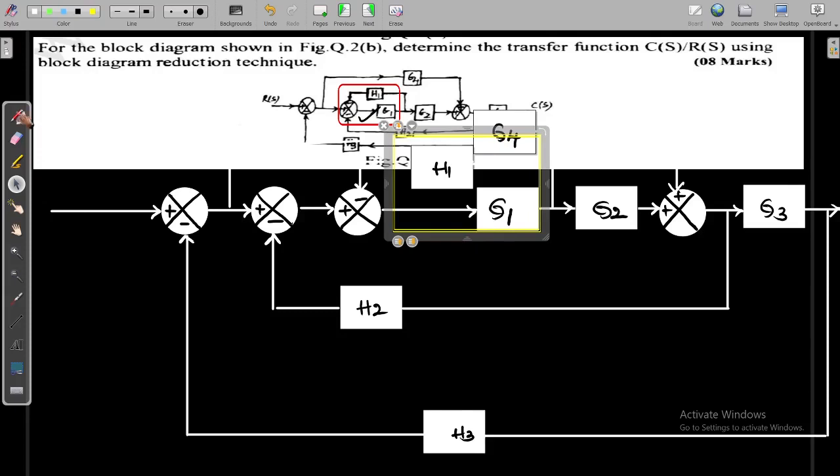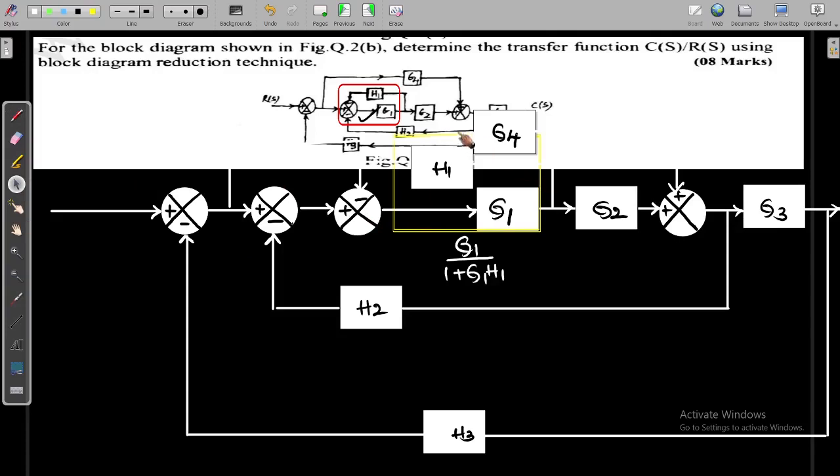So after this reduction, the answer you are going to get here is G1 divided by 1 plus G1 H1. Because it is a negative feedback, that will be added in the denominator.